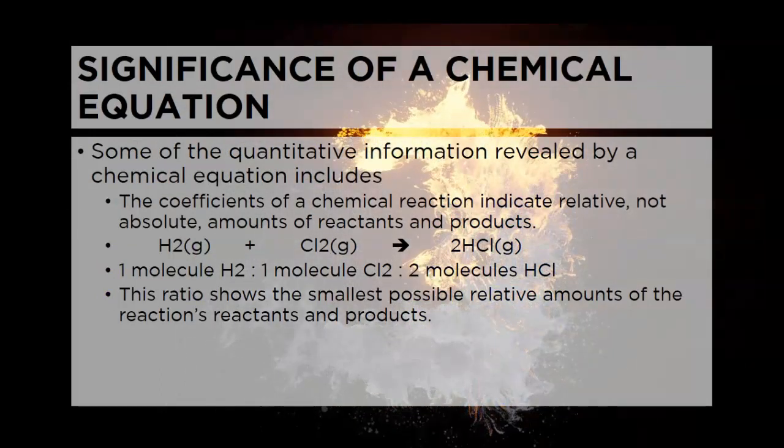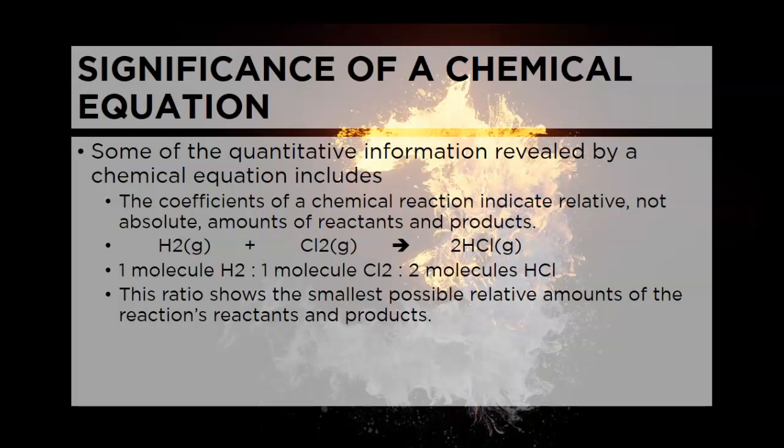One thing I want to make sure we know is that when I have those coefficients in front of the balanced equation, those are relating molecules to each other. We can also say they're relating moles to one another. So like 1 mole of H2 and 1 mole of Cl2 gives me 2 moles of HCl.